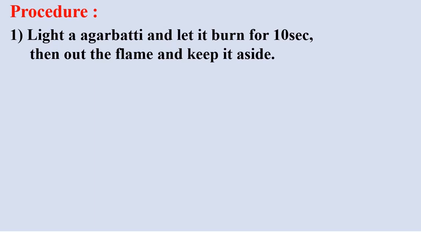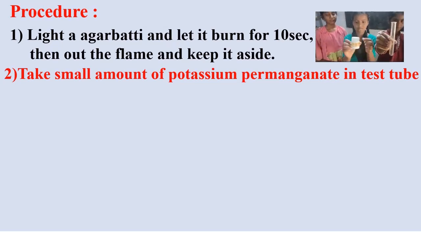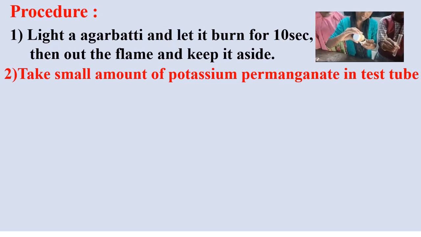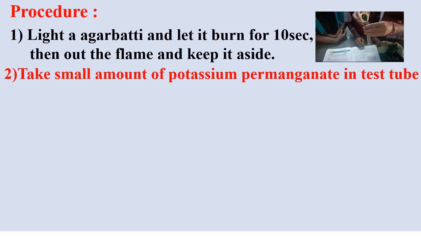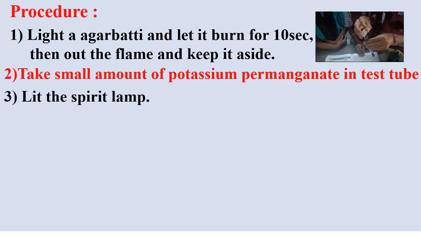Now observe the procedure. What is the procedure? Light the agarbatti and let it burn for 10 seconds. Then put out the flame and keep it aside. Take some quantity of potassium permanganate in a test tube. Light the spirit lamp.